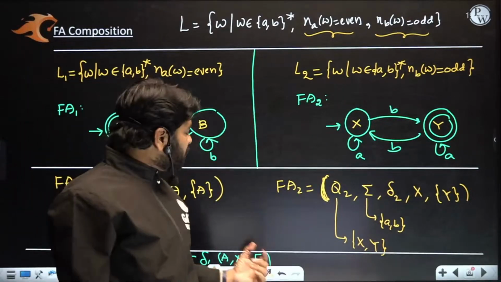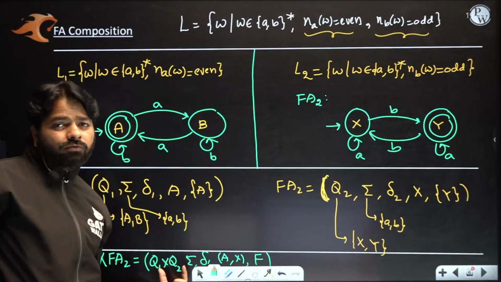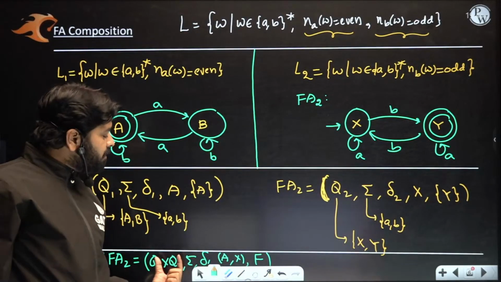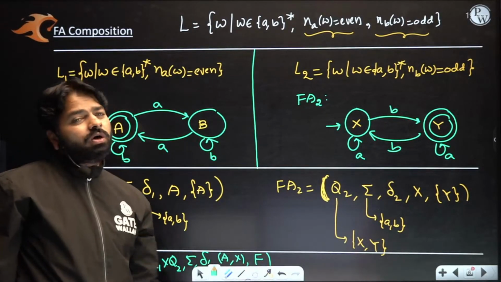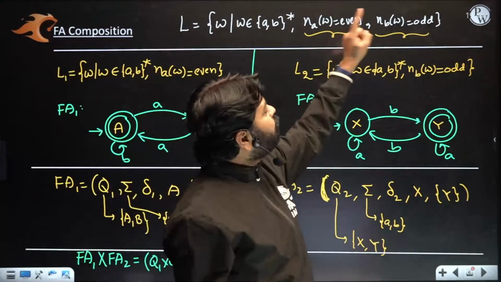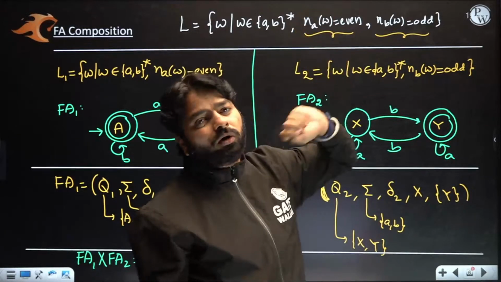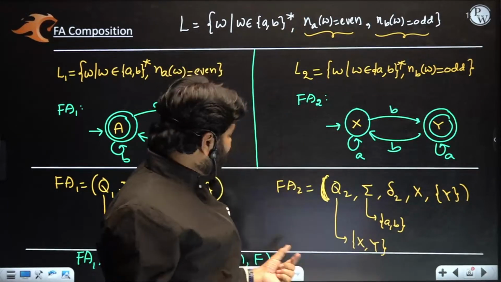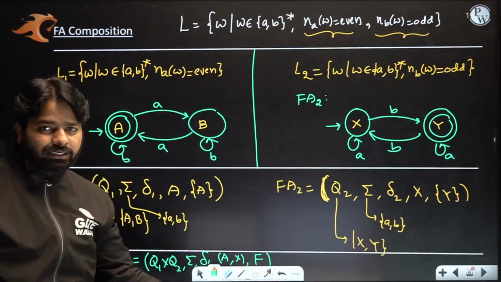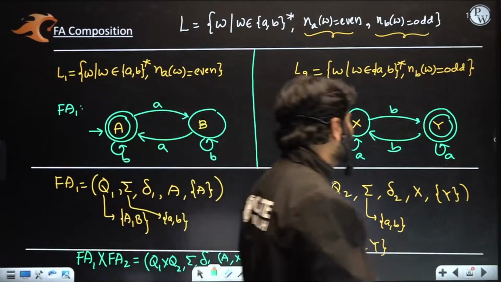The machine is the same for all kinds of combining approaches, but the final states are going to differ. Is it that both must be satisfied, or any of them is fine, or only one of them you want to satisfy? That will help us create the final states. We'll see how to make the final states later.